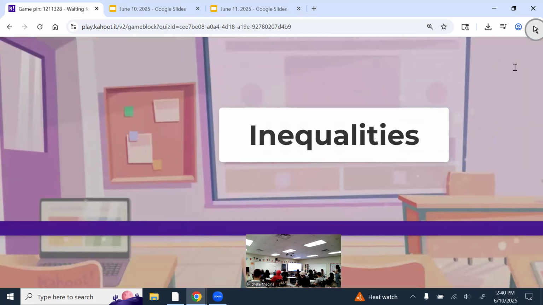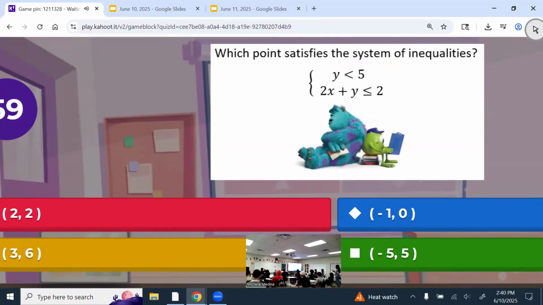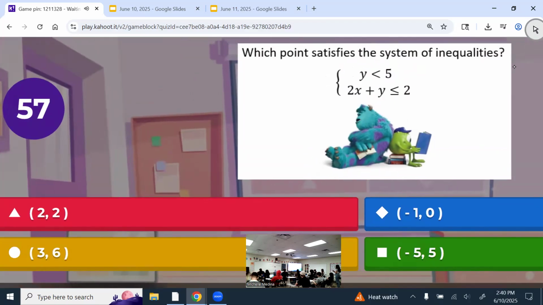Inequality. So it's going to be an image. Which point satisfies that system? You are allowed to use technology. I mean, I didn't do graph papers. It's technology. Which point satisfies that system?